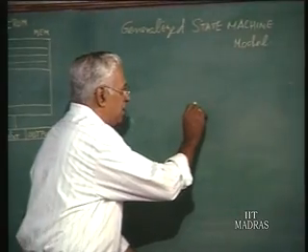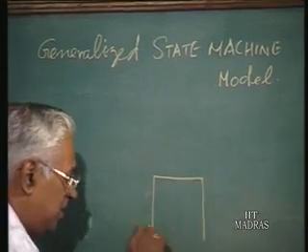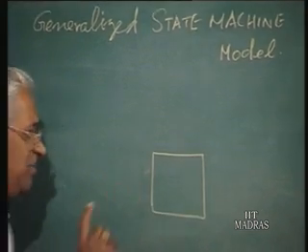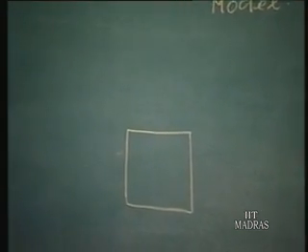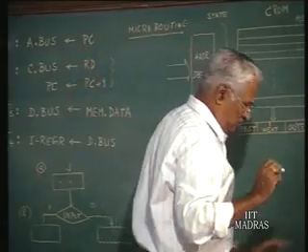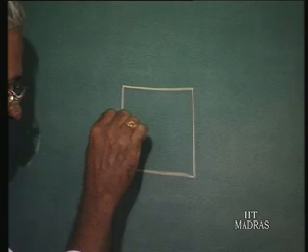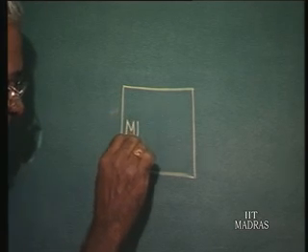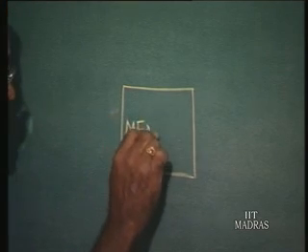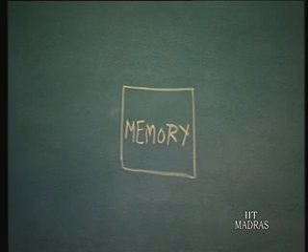Now the processor will stay at any time in one state, which means essentially I can use a memory element to show that at a given instant the processor is in one specific state.